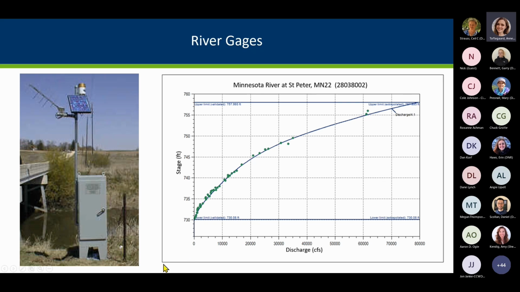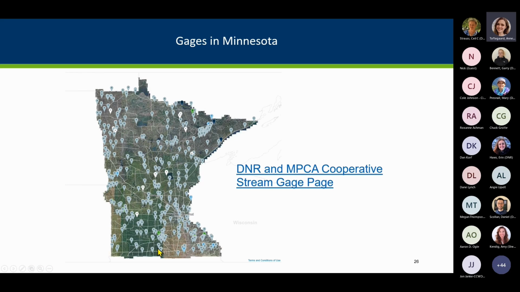Minnesota has quite a few river gauges. Both the DNR and the USGS have stream gauges in Minnesota, and the next slide will show a picture of just the DNR and MPCA's gauges in Minnesota. So there's actually a website called the DNR and MPCA Cooperative Stream Gauge page. And on that web page, you can click on any of these different points on the map, and this has a link to the page here.